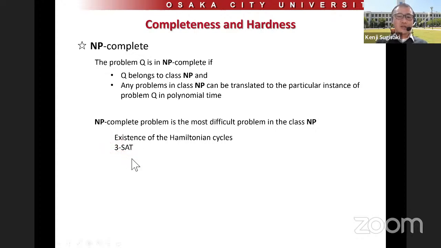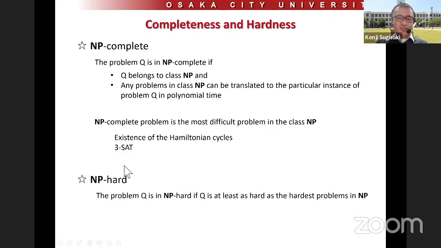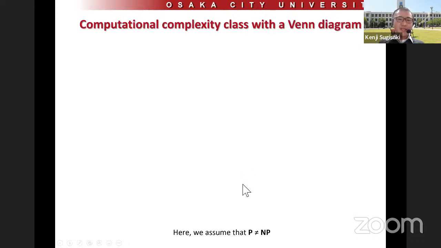Also, I would like to introduce the NP-hard problem. A problem Q is NP-hard if Q is at least as hard as the hardest problems in NP. These complexity classes can be easily understood by using a Venn diagram.